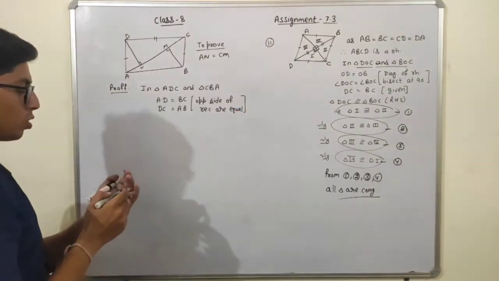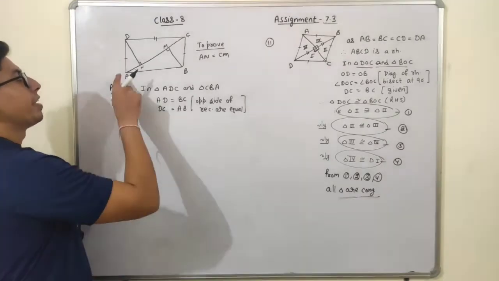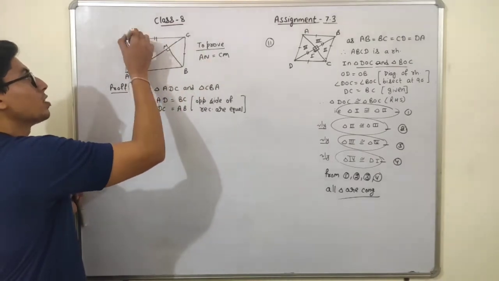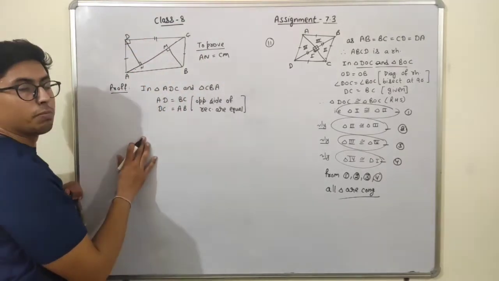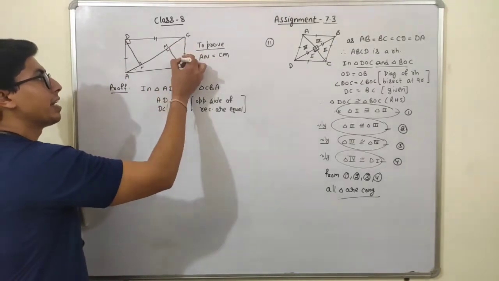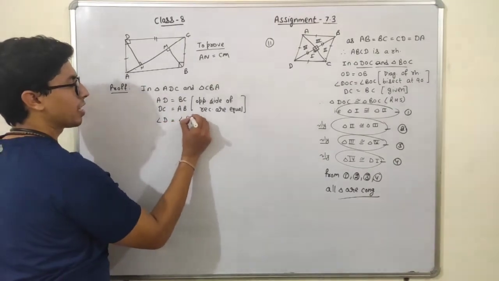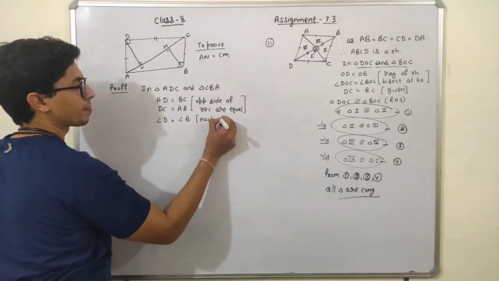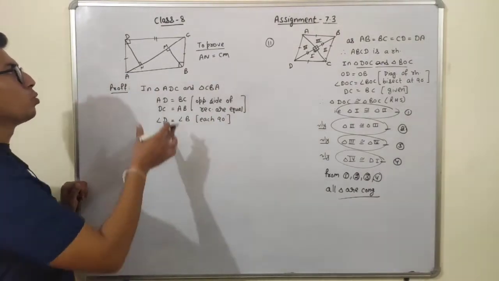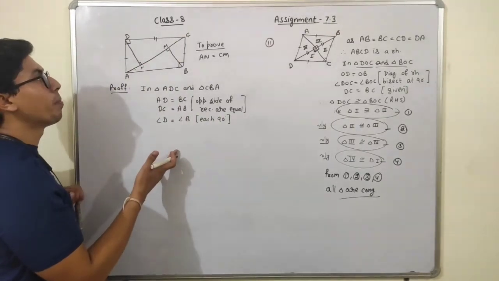Okay. The next property that I will use is, see, in this triangle ADC, this angle is 90 degrees, because all the angles of a rectangle are 90 degrees. And in triangle ABC, I can take this angle. Now angle D from this triangle and angle B from this triangle are each 90 degrees. Or I can use AC common in both the triangles.